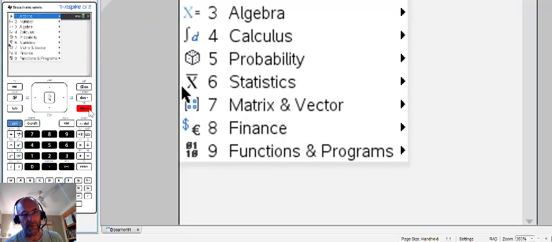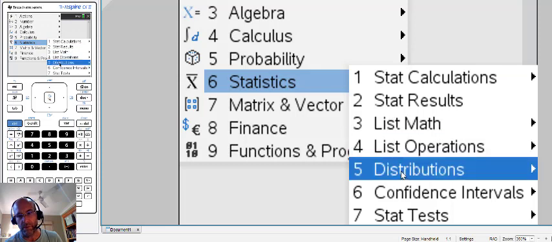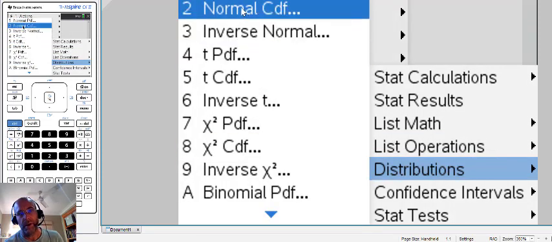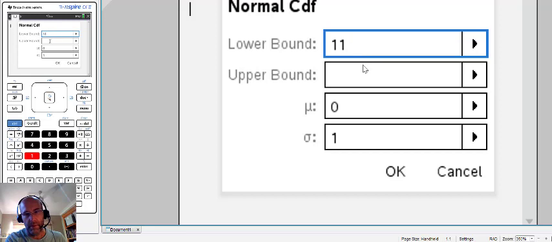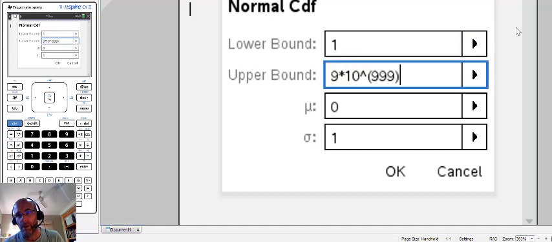So we go to menu on the TI Inspire and stats, and we can go to distributions, normal CDF, and we can say it's from 1 to 9 by 10 to the power 999, which a non-CAS will tend to use as infinity.